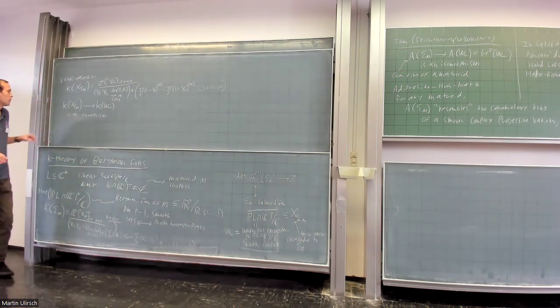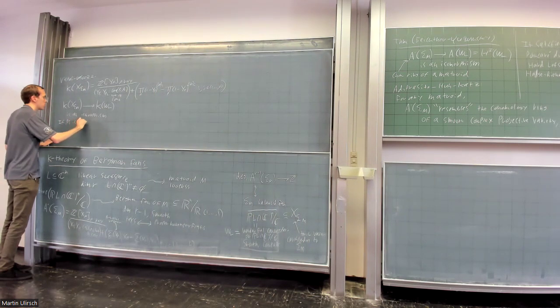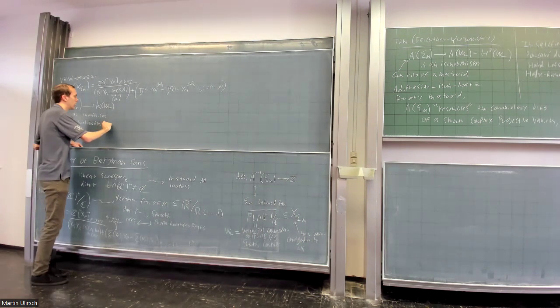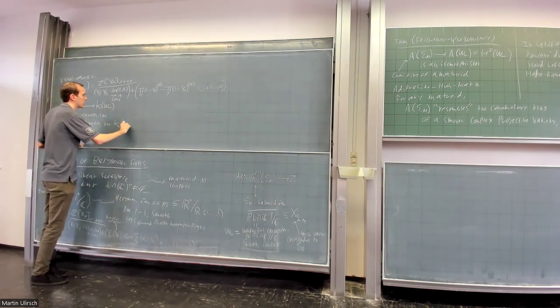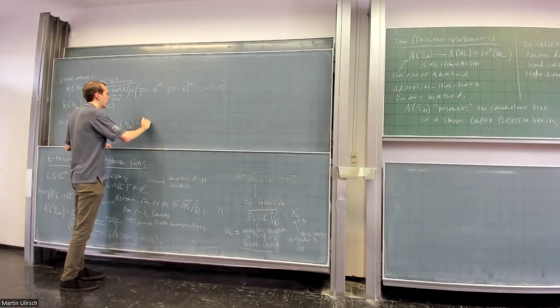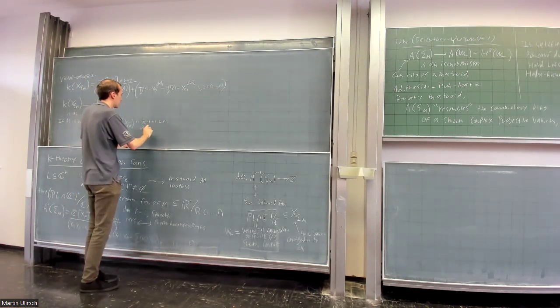So what this means is that if M is realizable, then this K ring of this Bergman fan is the K ring of a smooth projective variety.